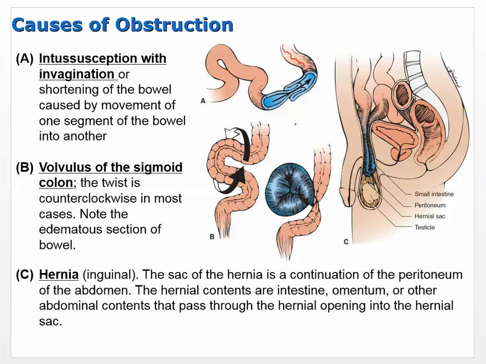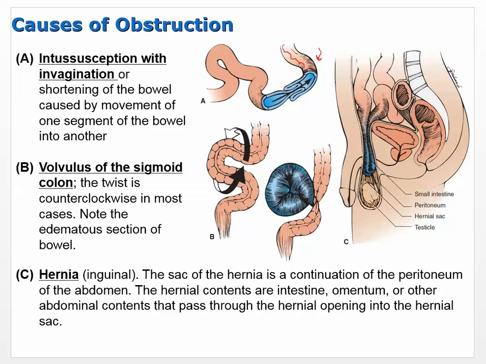I think of intussusception as being one side kind of overtakes another. And so this intestine here, this one on the right, you can kind of think of it as starting to suck the other part of the intestine in. And so it starts to pull on the intestine itself and tries to move it through.